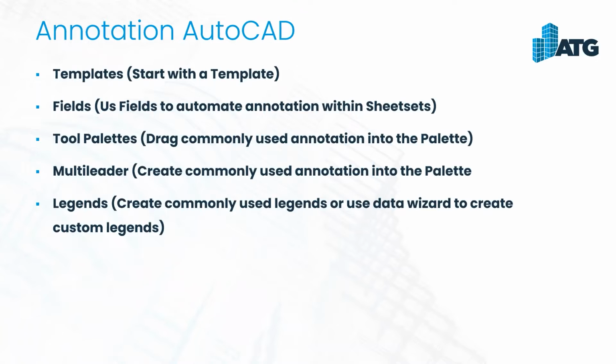Let's put them in a palette and then drag them out. Same thing with legends. Create your basic legend of all your water structures, storm structures, line types and such, and put them in a palette and then drag them in. I'm going to show you how to use Data Wizard to create custom legends. And I used it for a little bit of estimating that I'm going to show you today. Okay.